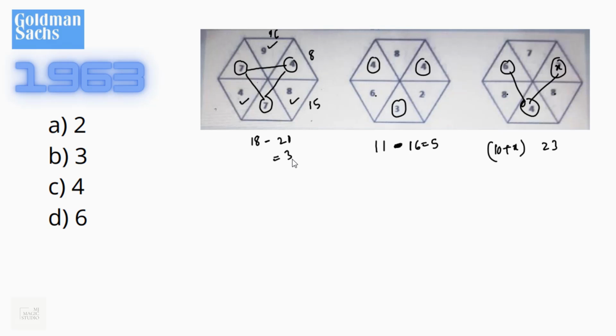So if I get these differences in an AP, 3, 5, then it should be 7. Then 23 minus 10 minus x is 7. 13 minus x is 7. x should be equal to 13 minus 7, that is 6. Yes, that we have in option D.